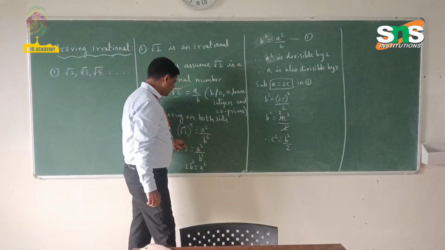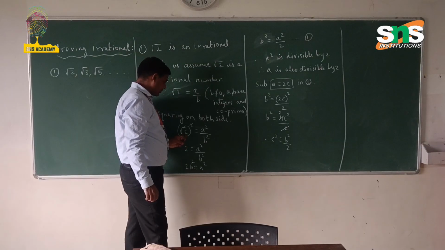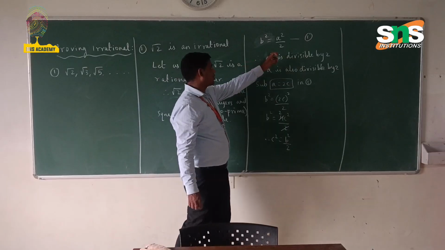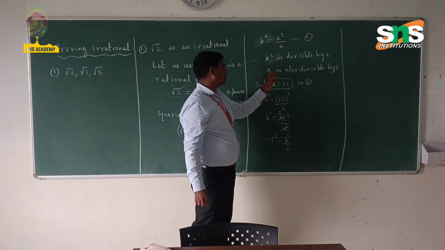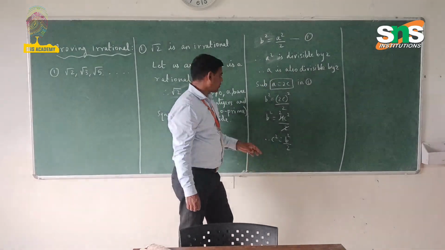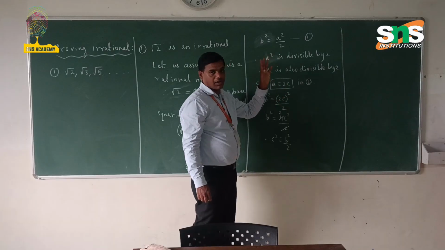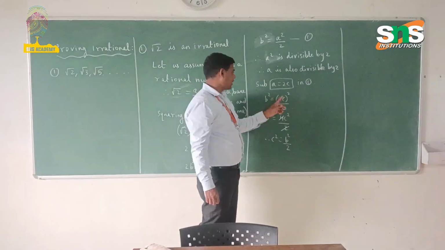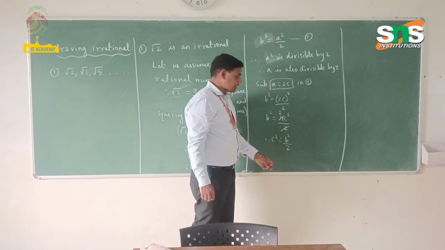So here you see that we have taken root 2 is equal to a by b. From that we are saying that b square is equal to a square by 2, so a square is divisible by 2. Therefore, a is also divisible by 2. And instead of a, we substitute 2c in equation 1, and we get c square is equal to b square by 2.